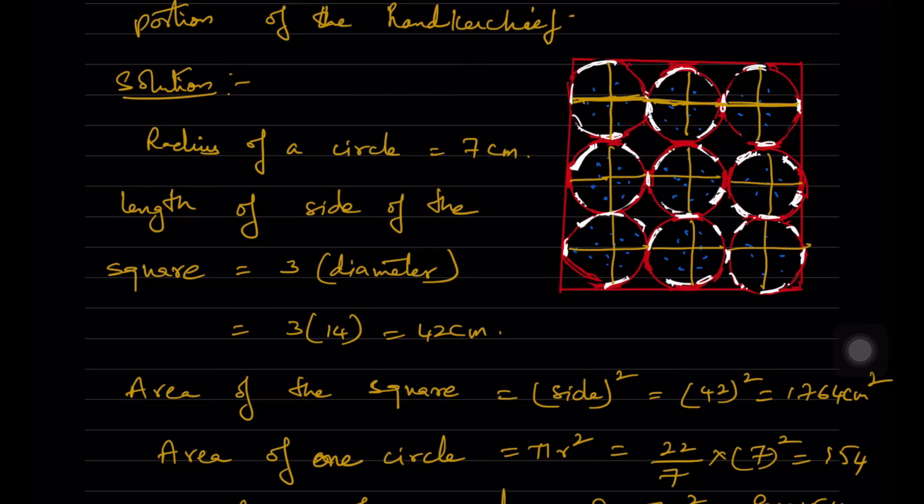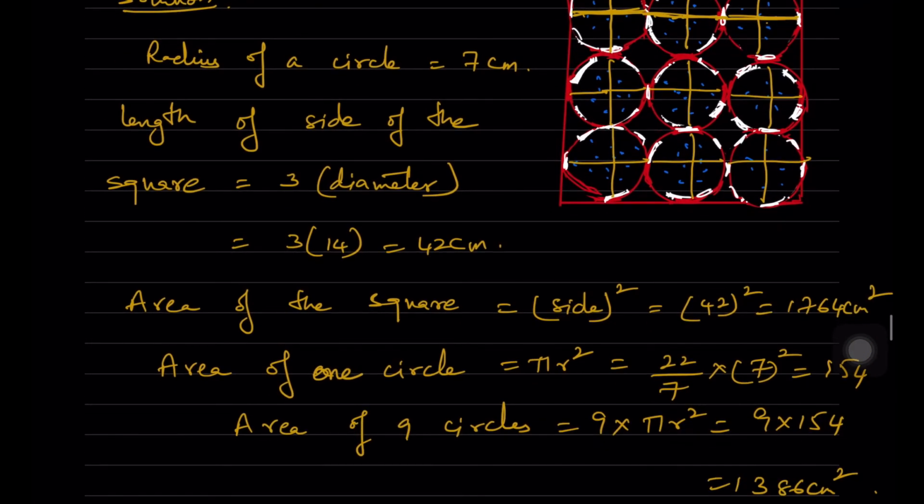Now the area of one circle is equal to pi r square, which is equal to 22 by 7 into 7 square, which is 154. Now we have to find out the area of 9 circles, because we have to subtract it from the area of the square, which is equal to 9 into 154, which is equal to 1386 centimeters square.